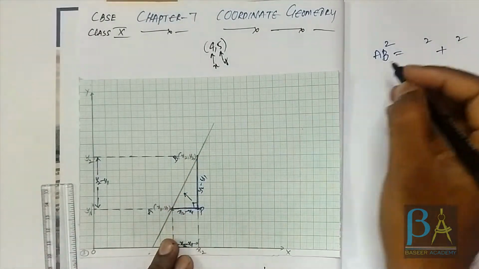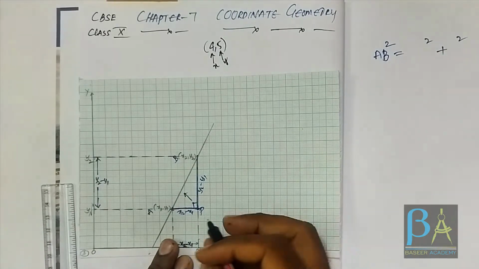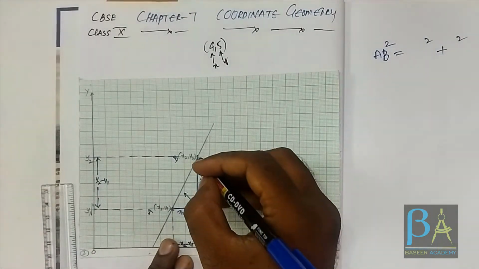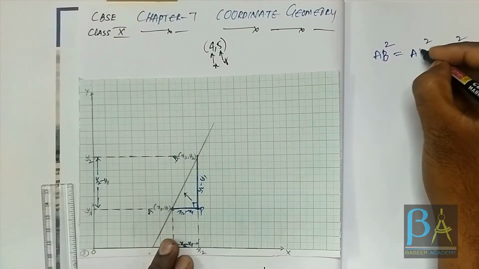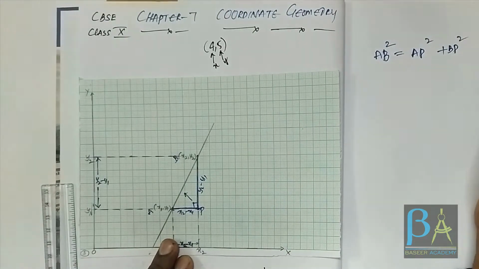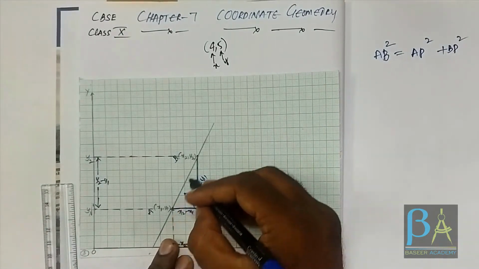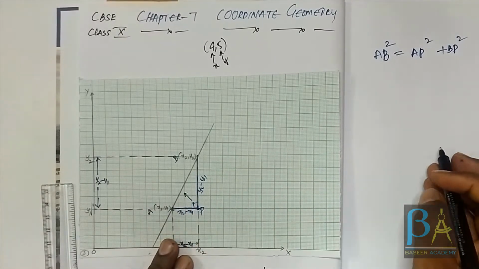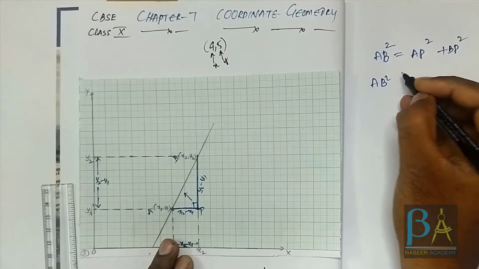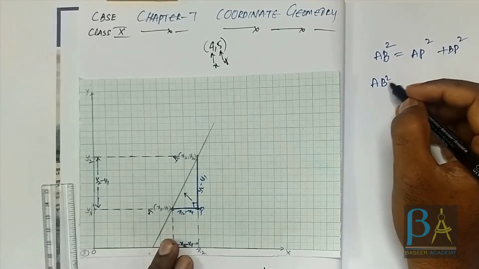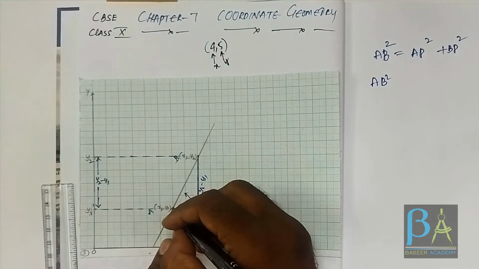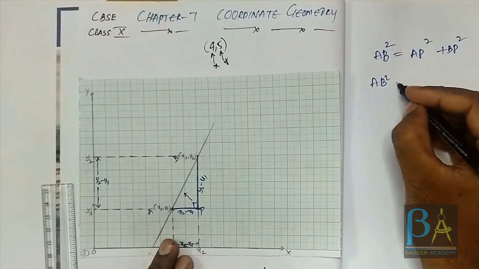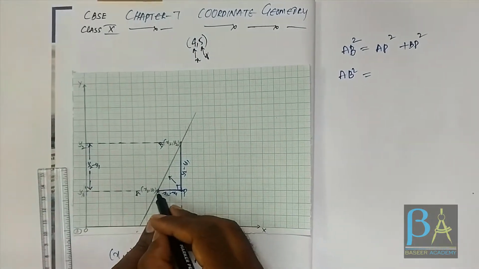So the square of the hypotenuse is going to be the sum of squares of the other two sides. The other two sides are AP and BP. So as per the Pythagoras theorem, AB square should be equal to AP square plus BP square. Now I want to find out AB, which means the distance between the point A and the point B. What is AP here?